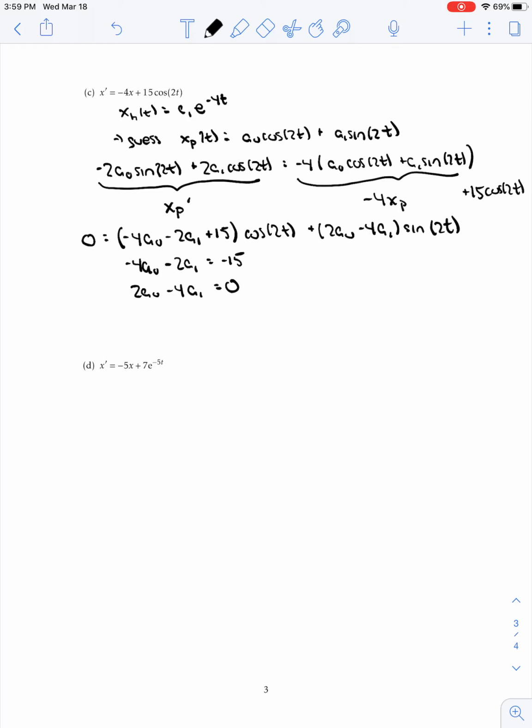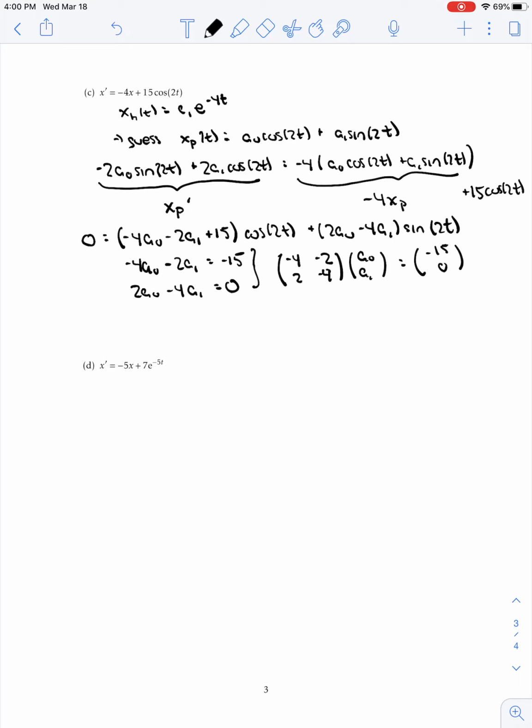We took an ODE, and by this guess, we reduced it down to a system of linear equations. And now we go ahead and solve this. I'm going to do the matrix formulation, because I like to take inverses of 2 by 2s. So in the matrix formulation, I get the matrix minus 4, minus 2, 2, minus 4, times the vector a naught, a1, equal to minus 15 and 0.